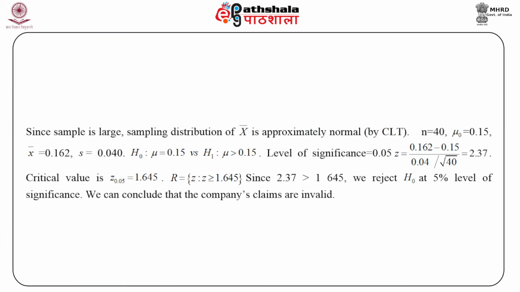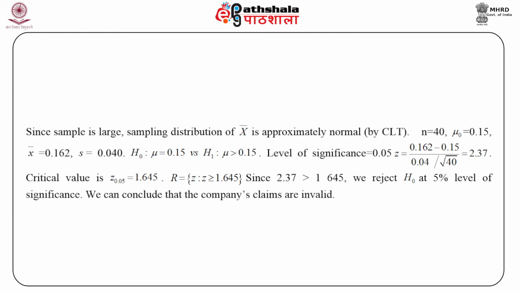Let's see the solution. Since the sample is large, the sampling distribution of x bar is approximately normal by the central limit theorem. Now, n is 40, mu 0 we know is 0.15, x bar is 0.162, s is 0.040.